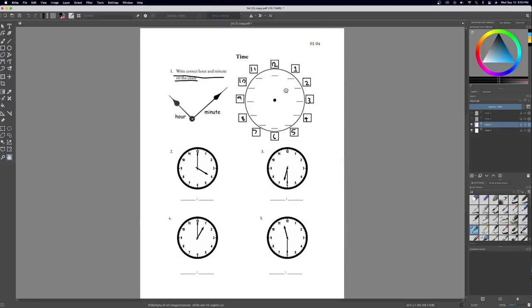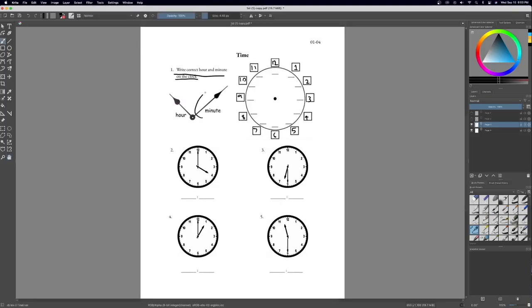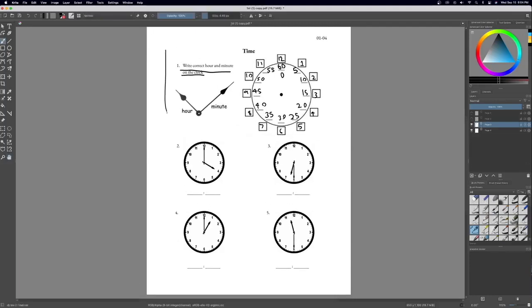And here we know that for a minute hand, each of these numbers are multiplied by 5. So at 12, we have 60, or 0, because we're starting over, and then 5, 10, 15, 20, 25, 30, 35, 40, 45, 50, and then 55. Okay, so now we have question 1 done.